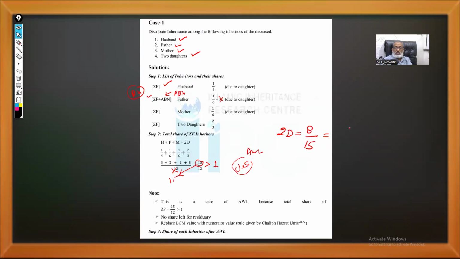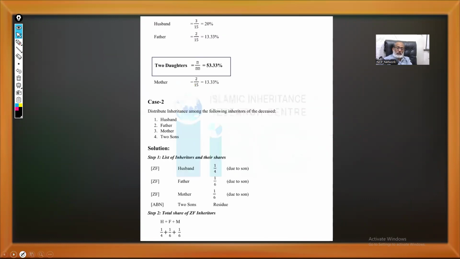The two daughters in case number one are taking the share of 53.33%. But let's assume that in place of the two daughters, we are taking the two sons.